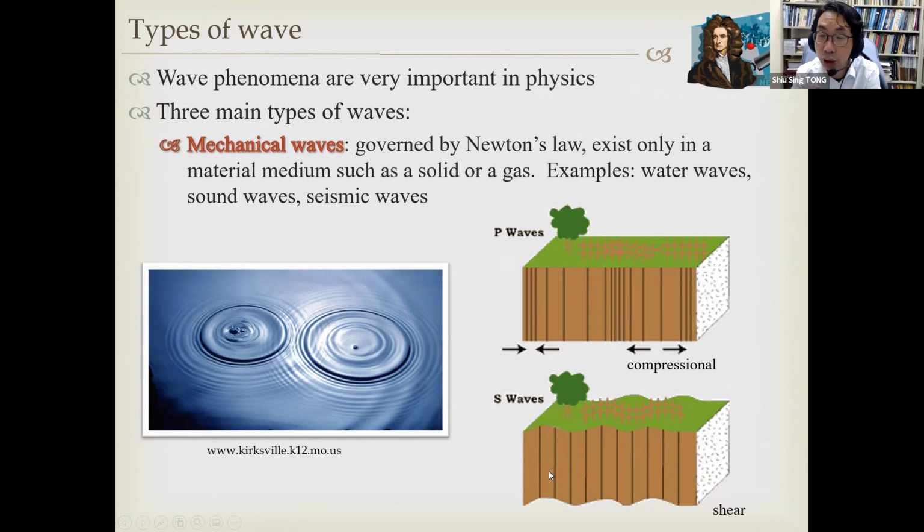The S wave is a shear wave, which means that the direction of vibration and the direction of propagation are mutually perpendicular to each other. Now there actually are more kinds of seismic waves, but I'm not going into the detail. It's sufficient for you to know that you have longitudinal waves and transverse waves for earthquakes.